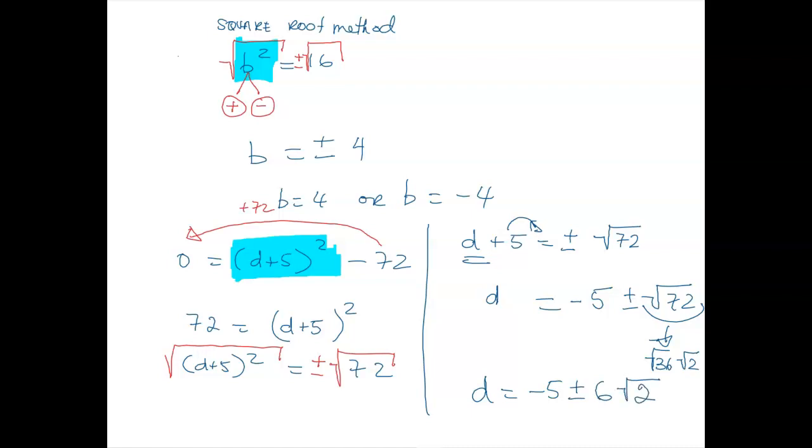And that's it. You have two answers. One is d equal to negative 5 plus 6 square root of 2, and the other one is d equal to negative 5 minus 6 square root of 2. So you still have two answers. And that is it. All right, hopefully it was helpful.